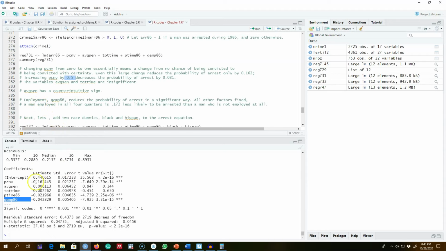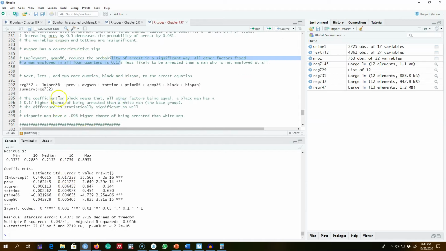For example, this variable QEM reduces the probability of arrest in a significant way. So everything being held constant, a man who was employed in all 4 quarters is 0.172 less likely to be arrested than a man who was not legally employed. So we have to multiply this by 4 quarters to get this coefficient value.